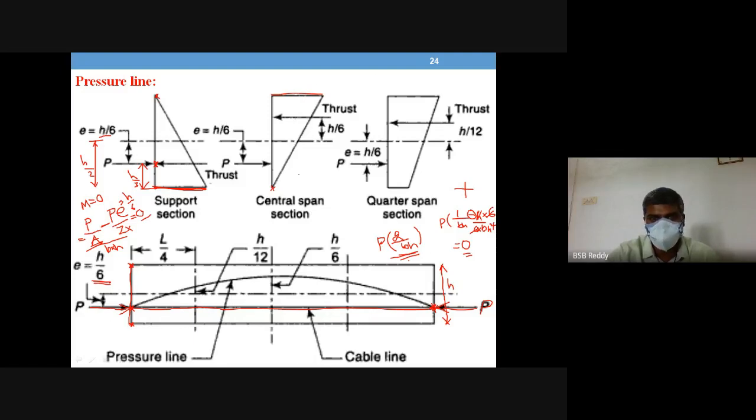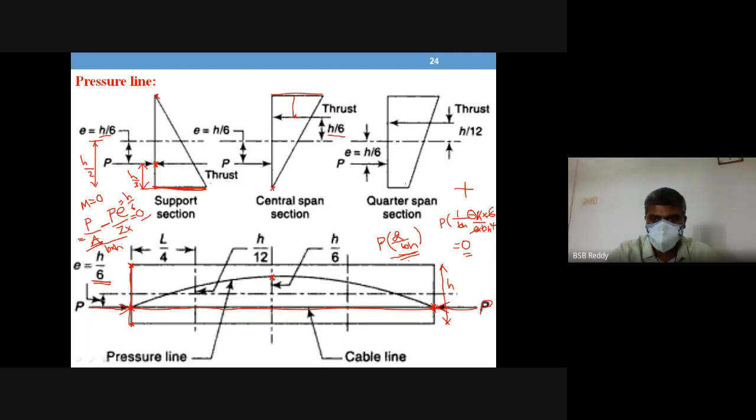Okay, so what you get is again the CG of compression from top, it is H by 3. Again, if you work out, H by 2 minus H by 3 works out to be H by 6. So this is the location of resultant compression, H by 6.